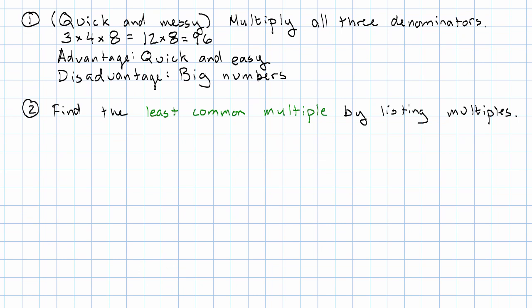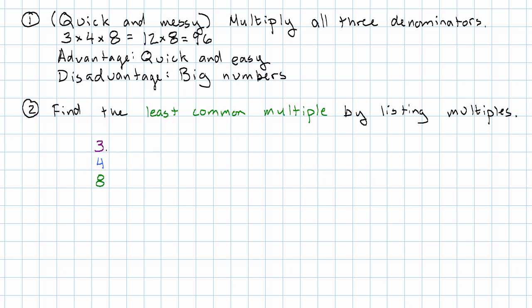Both of the other 2 methods involve finding the least common multiple, that is, the smallest possible number that will work for us here. The easier way to find the least common multiple is just by making a list of the multiples. So the numbers we're starting with are 3, 4, and 8.